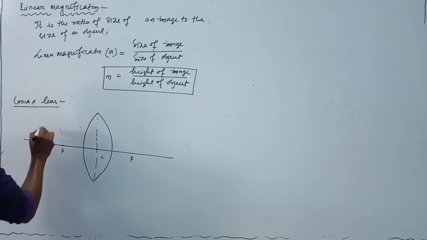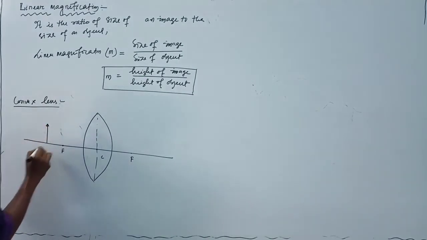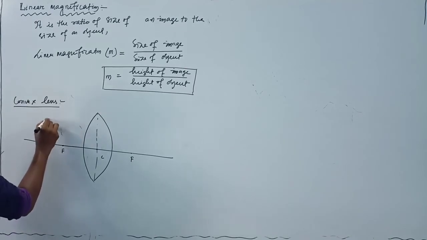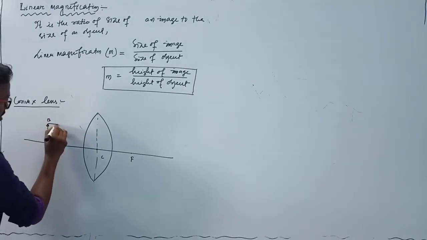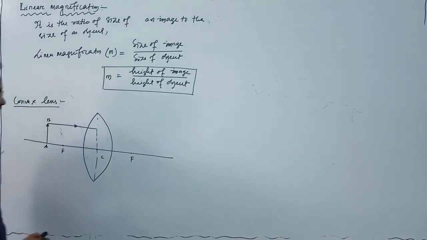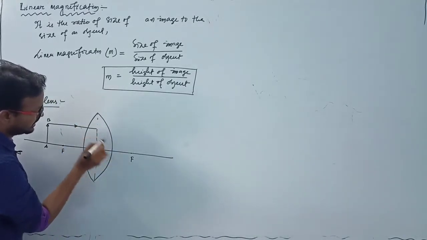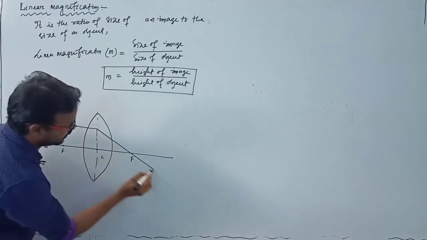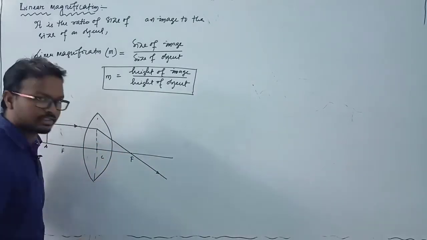Suppose we take an object beyond the focus, this object is AB, and the ray which is parallel to the principal axis, after refraction through the lens, passes through the focus in this direction.